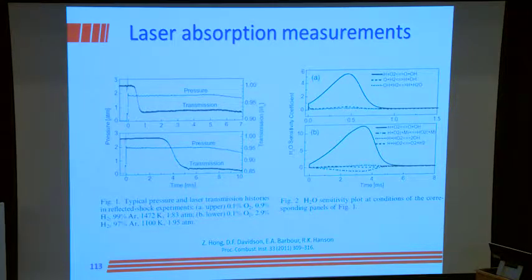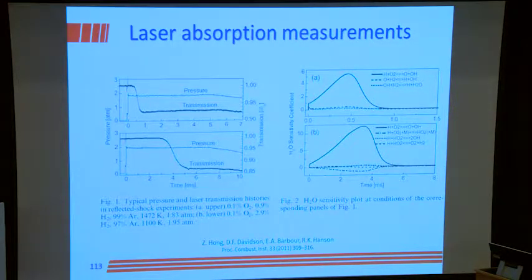And they did a water sensitivity plot at various conditions, and they found that under these conditions that are published here, 2 atmospheres pressure and 1100 and 1500 Kelvin, the only reaction that the water profile was sensitive to was H plus O2 giving you O plus OH, okay? Using, I don't know which mechanism, maybe GRI-Mech, okay?